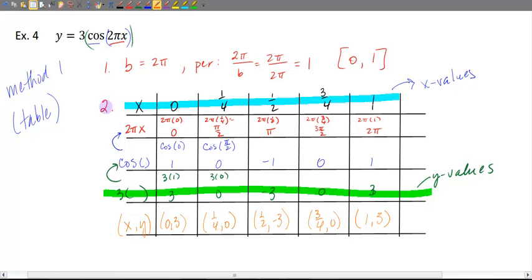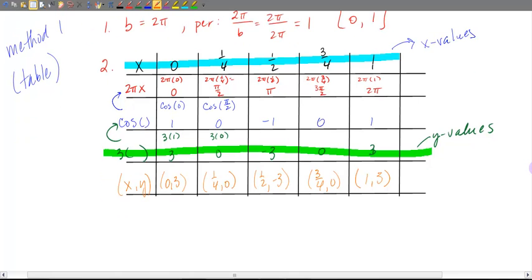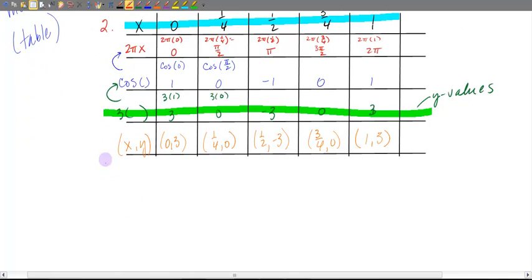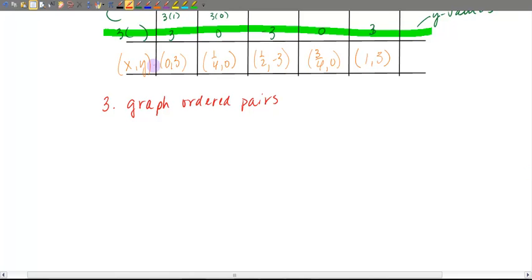So the second thing that we did was create a table based on my interval and then evaluate the function at that. Finally, we're going to graph the ordered pairs. I'm going to draw an x and a y axis that's broken up into these first values and has a maximum height of 3 with a minimum height of -3.